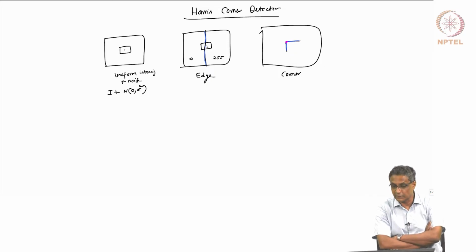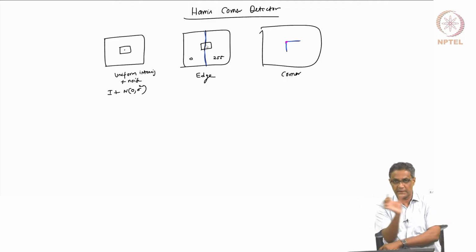Would this be somewhat direction sensitive? Which way would the change be minimal and which way would the change be large? When you move orthogonal to the edge, you will find a lot of variation. Horizontally, if I pull this patch out like this, you will see a lot of variation, but if I move along the edge, there is going to be hardly any variation.